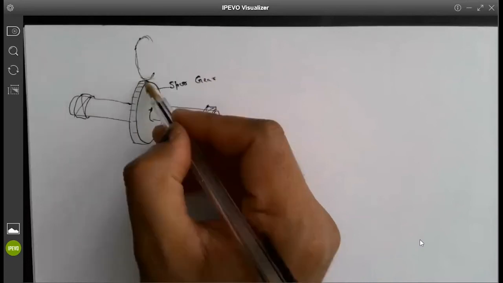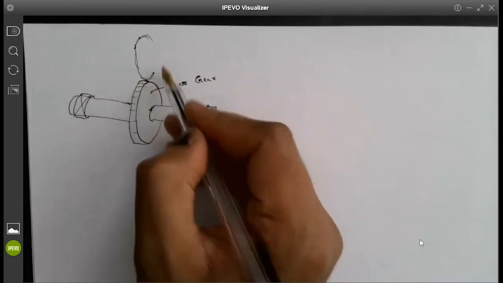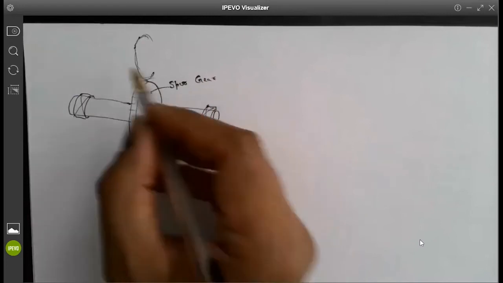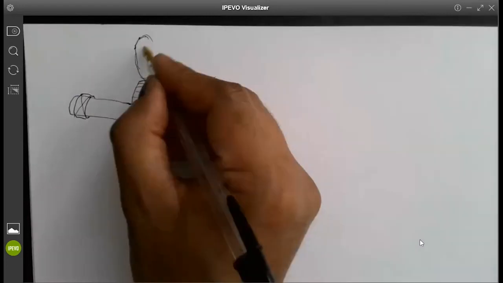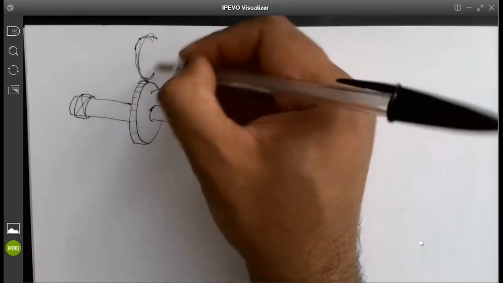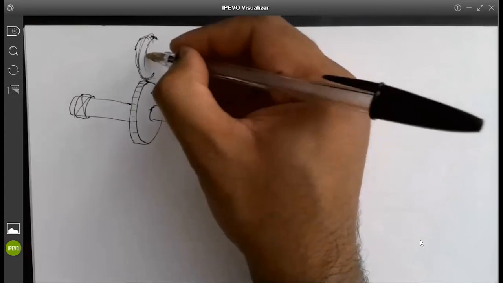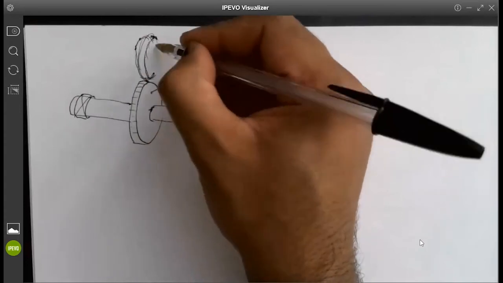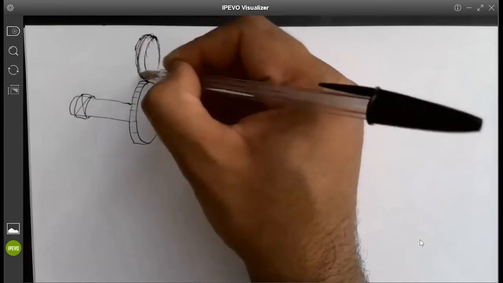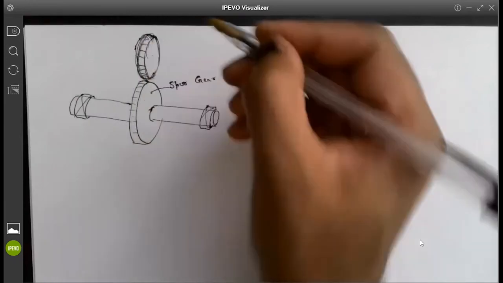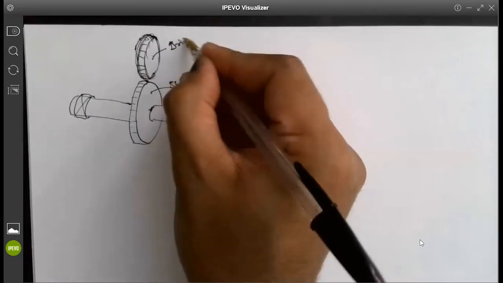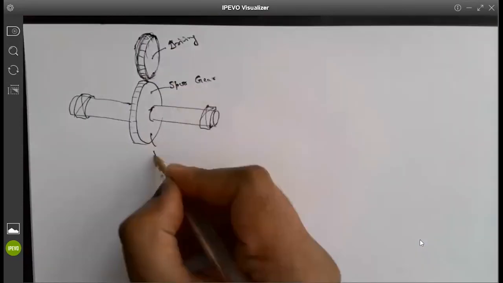This is your driving gear and this is your driven gear. This is again a spur gear, but this is driving and this is driven.